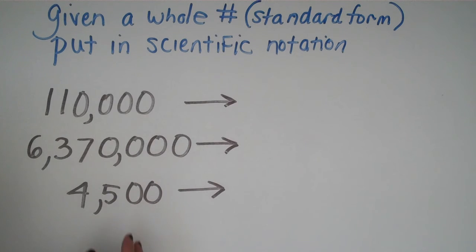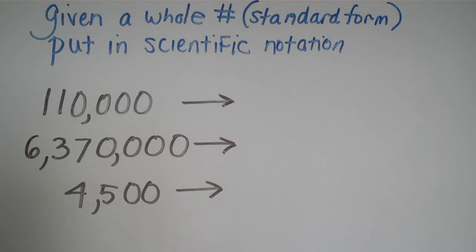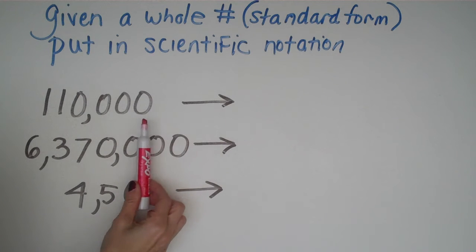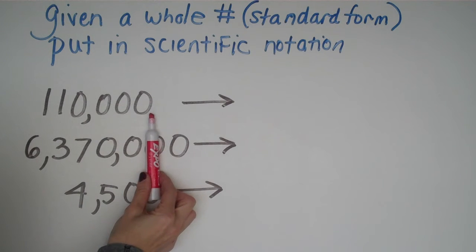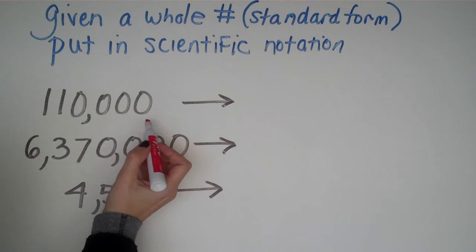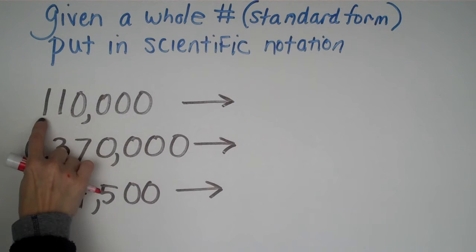So given a whole number in standard form, like 110,000, what would that look like in scientific notation? Well, to do that, all you're doing is starting from the right, and you can remember this by thinking about where the decimal is. If we have a whole number, the decimal would be right there. So you're always going to start from where the decimal is, and go all the way over until you get to the right of the first significant number.